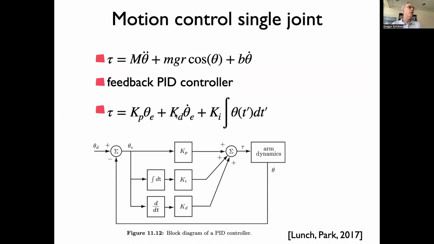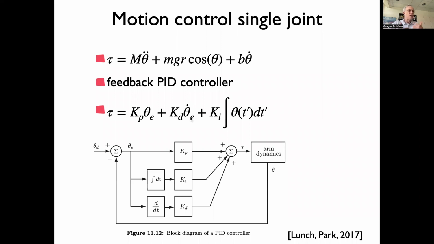Then the differential, the D part of that controller, would take the velocity, the rate of change of the error. So this is sort of anticipatory, right? If you're seeing the rate at which the error grows, then you can anticipate that you have to do something more than if the error is already decreasing.